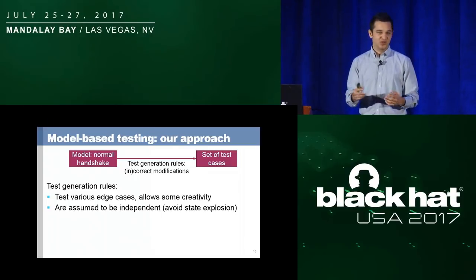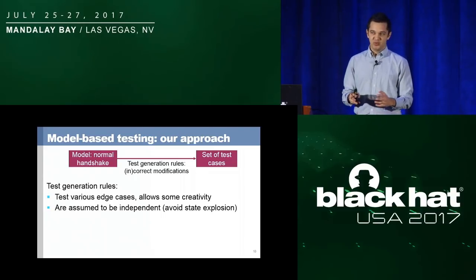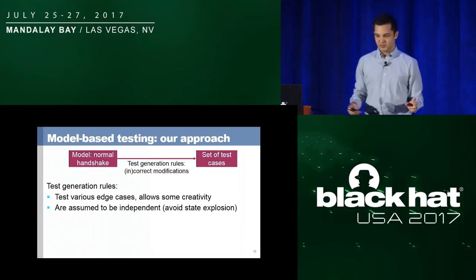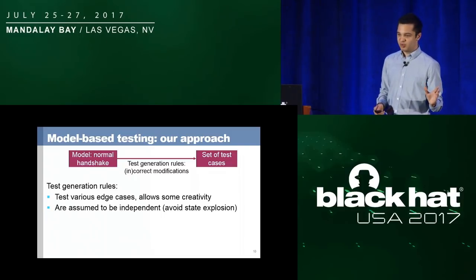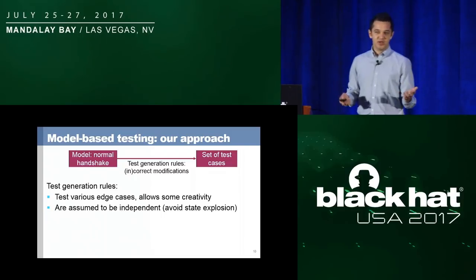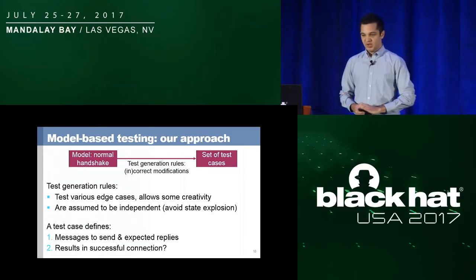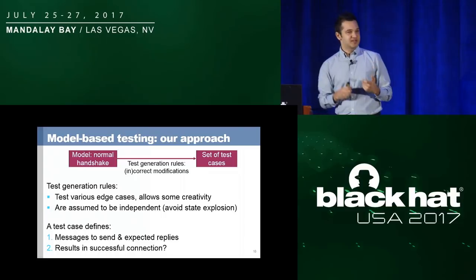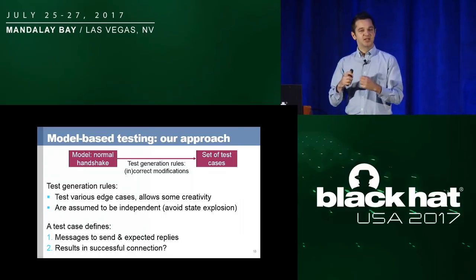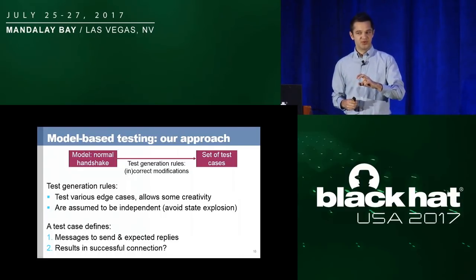It would be exponential, which would be basically impossible to execute them all. So we're going to assume they're independent. This is a limitation of the approach, and we're working on removing this limitation, but currently that's what we're doing.